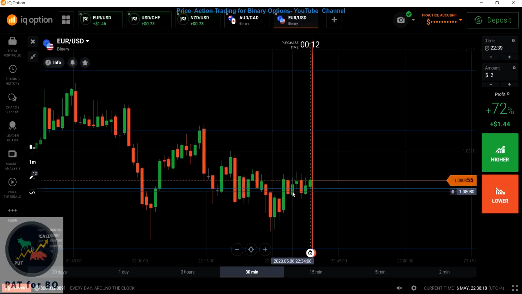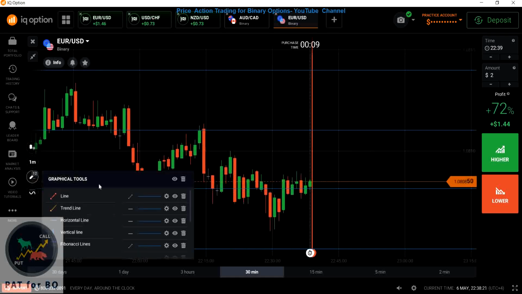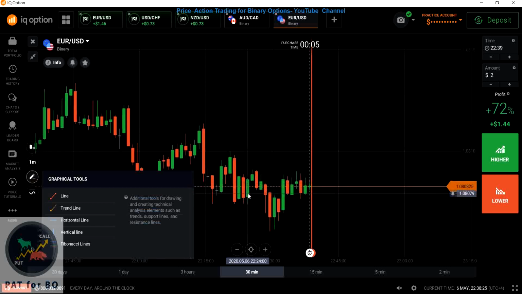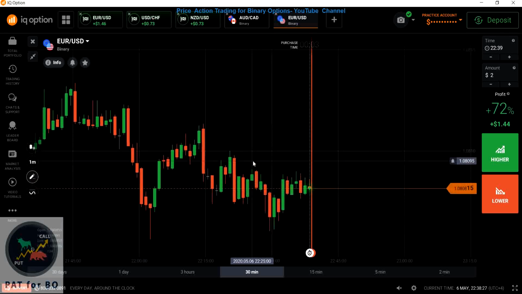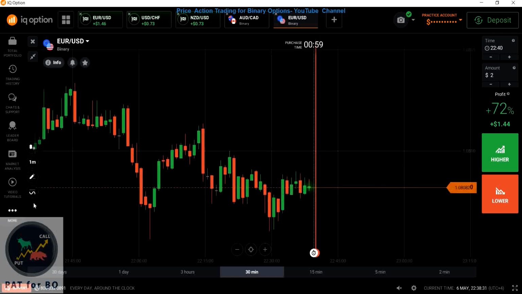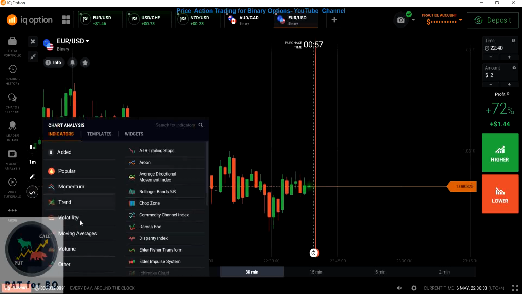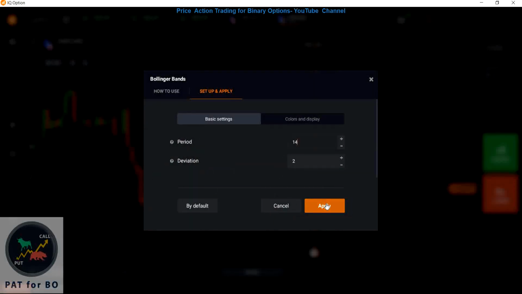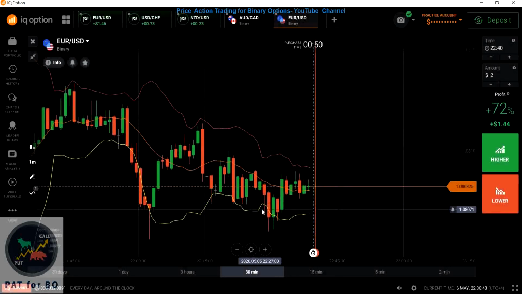Now if you want to understand the momentum, or the volatility of the price movement, I don't use that term so many times, so I got a little bit stuck, then you can go into the Bollinger Band. Just for understanding, guys, take a Bollinger Band with the default setting.